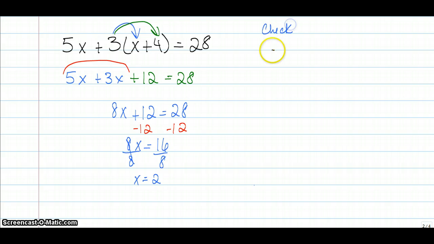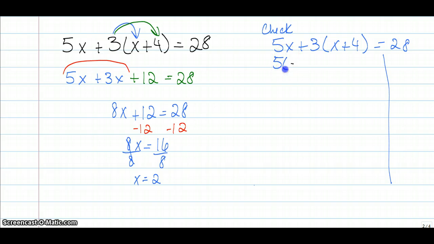Now when I check this one, I have 5x plus 3 times x plus 4, and all of that is equal to 28. At least I hope it is. So now I have 5, plug 2 in for x, plus 3 times 2 plus 4, close parentheses.